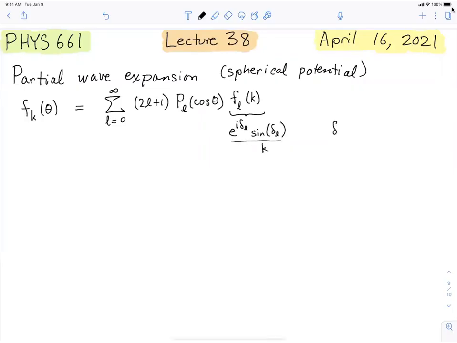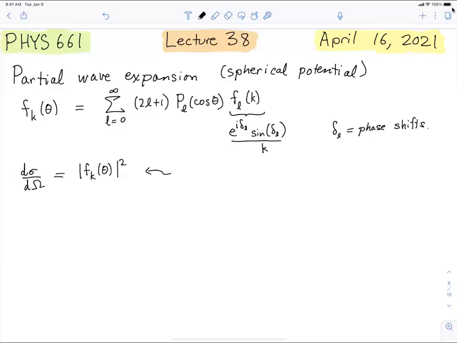The delta L's are called phase shifts. And so if we can compute those, then we'll know what the scattering amplitude is. And if we know the scattering amplitude, then we can square it to get the differential cross section.